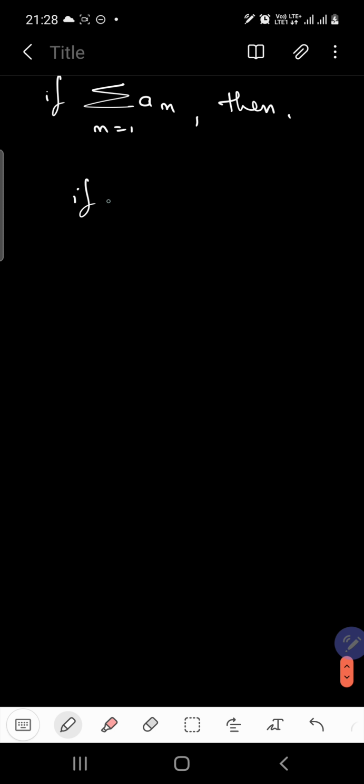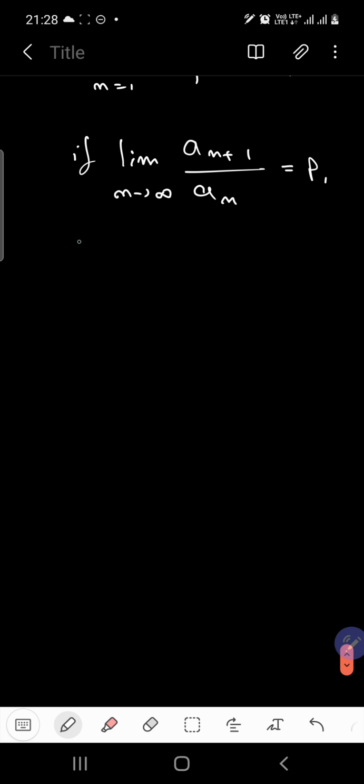Basically, if a_n is an infinite series, then if limit n tends to infinity of a subscript n plus 1, that is the n plus 1th term, upon the nth term is equal to p, then we have two conclusions basically.